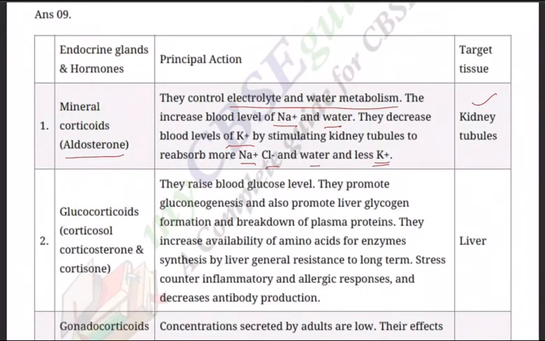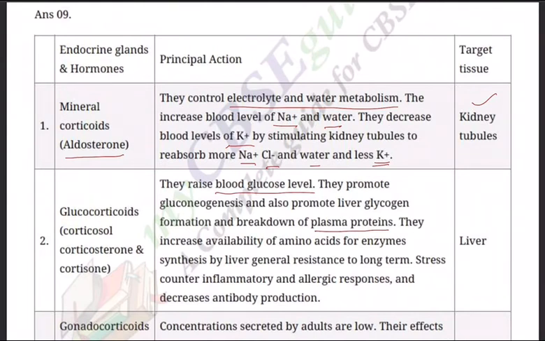Second one, glucocorticoids, that is cortisol, corticosterone and cortisone. They raise blood glucose levels. See, diabetes is directly controlled. They promote gluconeogenesis and also promote liver glycogen formation and breakdown of plasma proteins.